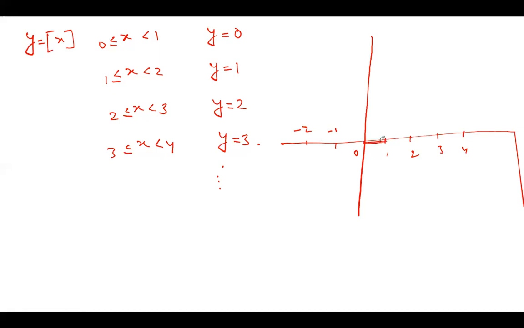So this is the graph, right? At 1, this will be 1 only, and from 1 to 2, y is equal to 1 is the graph. From 2 to 3, y is equal to 2 is the graph. From 3 to 4, y is equal to 3 is the graph. From minus 1 to 0, y is equal to minus 1, and minus 2 and so on.